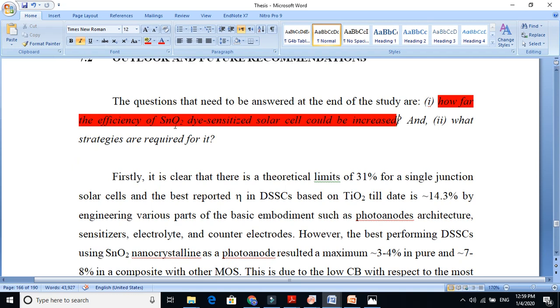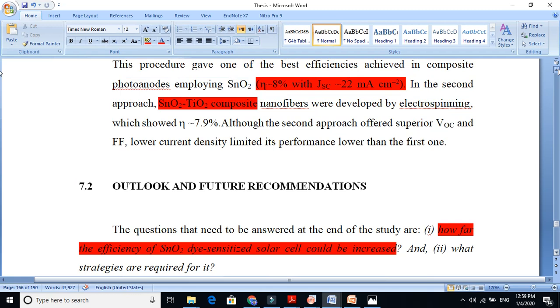For example, I achieved 8% efficiency, and basically the dye-sensitized solar cell titanium efficiency is almost 14%. So up to what level can we increase the efficiency? Further, the theoretical limit of this solar cell is 31%, and titanium only reached 14%, but I reached 8% or 7%.